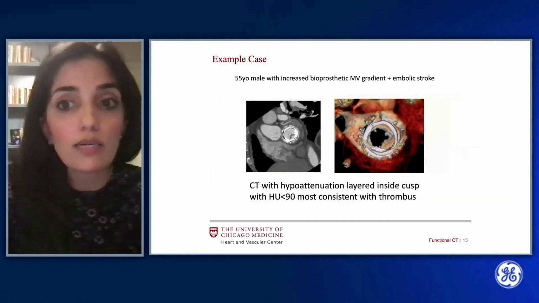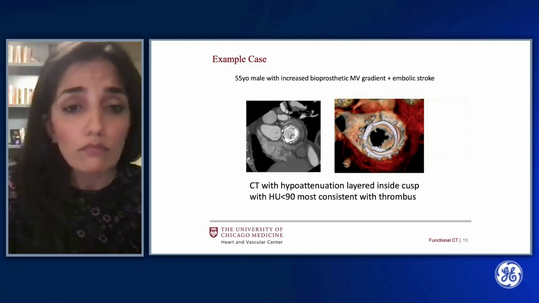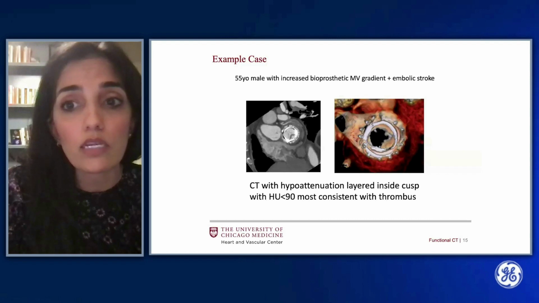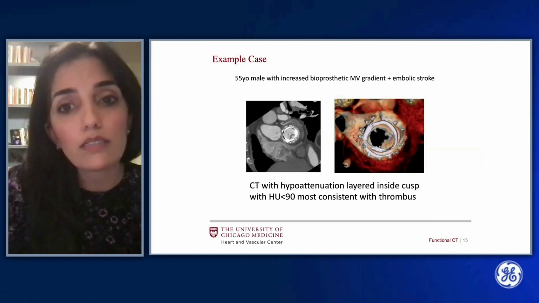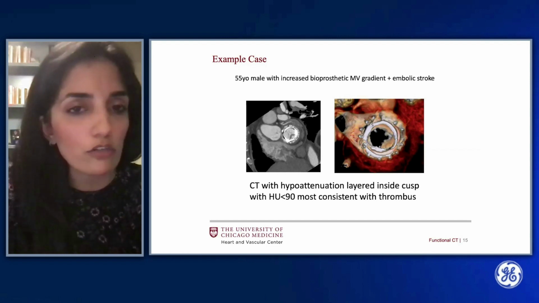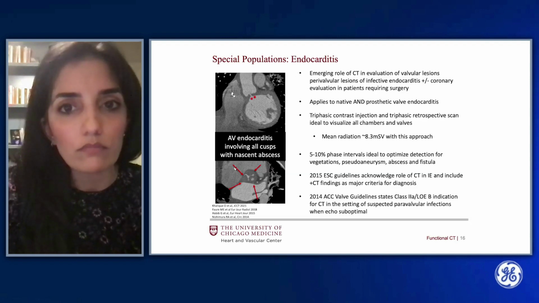CT was acquired and demonstrated, with nice correlation, hypodense material with a Hounsfield unit of less than 90 layered on the immobile cusp, most consistent with thrombus. The patient was anticoagulated with improvement in his gradients and discharged home after 1 week.